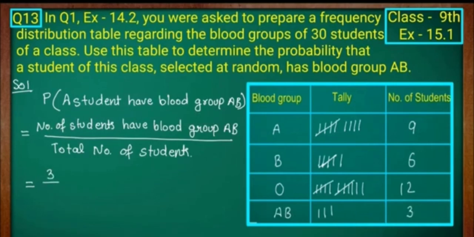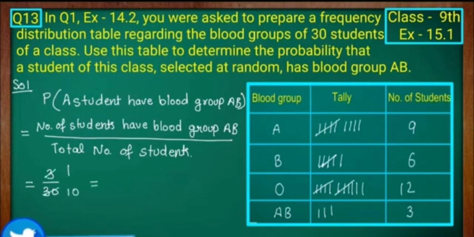So 3 by 30, that is 1 by 10. So the probability of a student having blood group AB is 1 by 10. This is the answer for the solution.